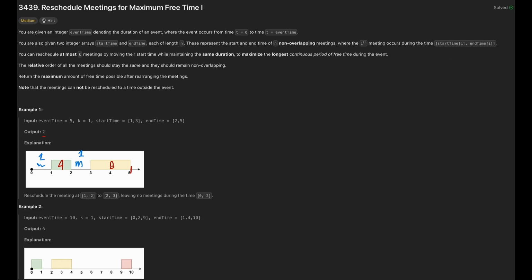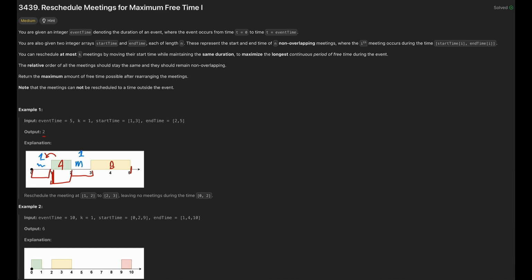The way that they solved it is they moved A over, and instead moved it to 2 through 3, and that would move this gap over to the left and give us the 2 there. The other way you could solve it is if you move A over to the left from 0 to 1, and then 2 to 3 becomes the new gap. Either one works. Obviously, you're going to get the same outcome.